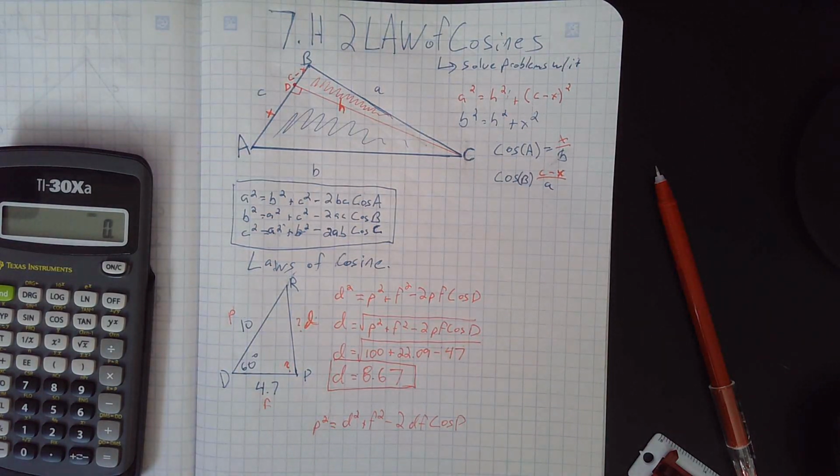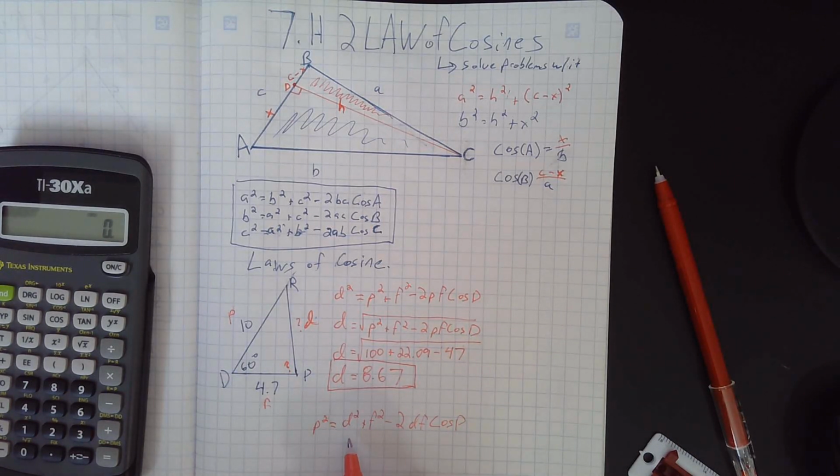Now we have to rearrange and solve for the cosine of P. We take all of these things and put them on this side by adding or subtracting from both sides.